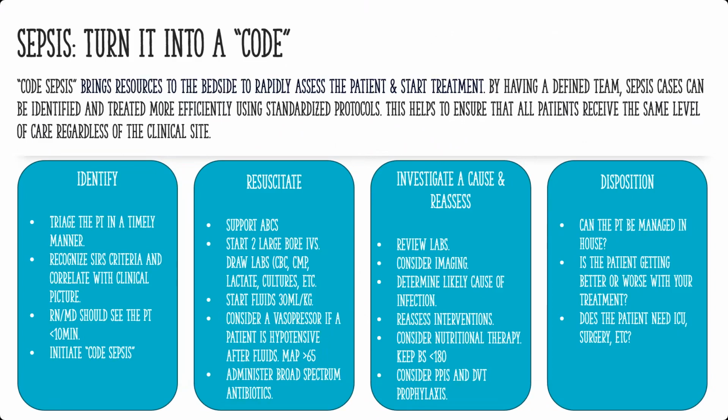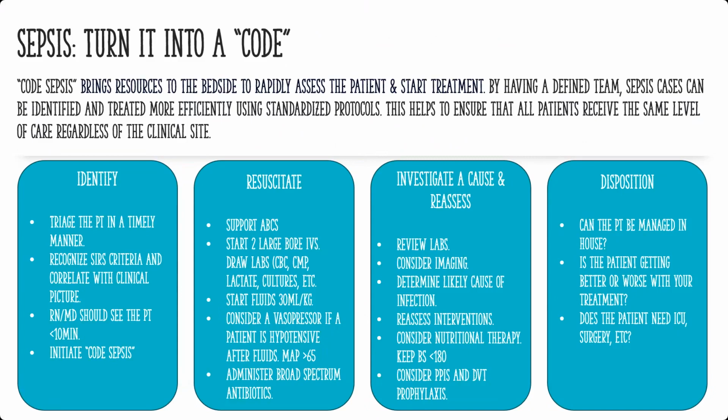Once you resuscitate the patient, then you really want to dive into what the cause is. So review those labs, consider some imaging, figure out what the source of the infection is, reassess all of your interventions, and you're doing this continuously anyways. Consider nutritional therapy due to that hypermetabolic state.